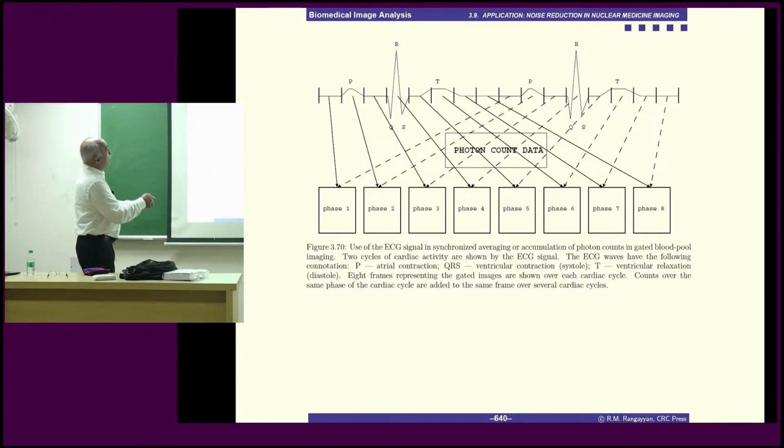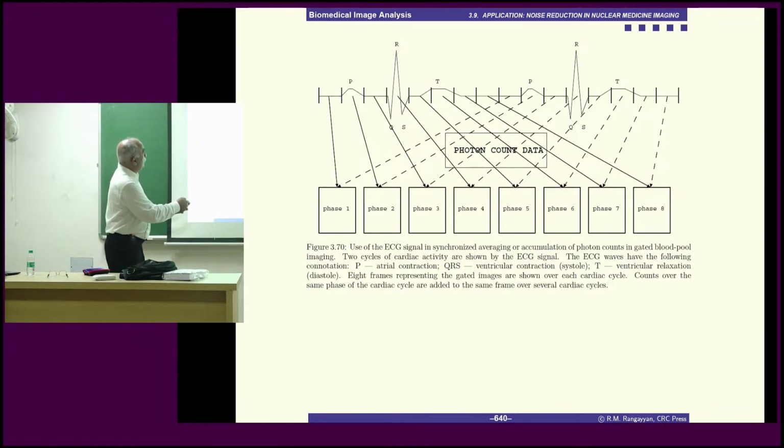So you detect the QRS and then put a window there and say for those, how many ever milliseconds, when the photons are emitted, I'll put them in this frame. That's an image. It's a 2D camera, the gamma camera or Anger camera.